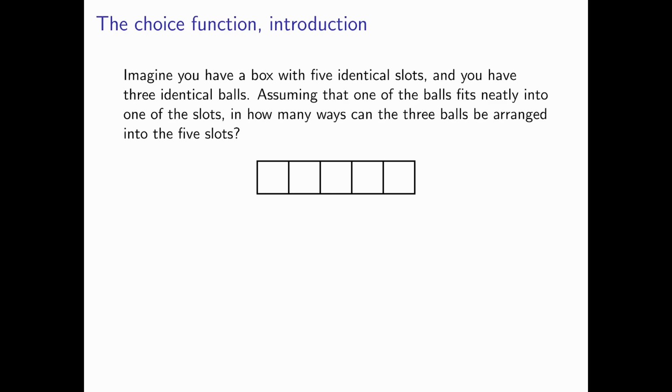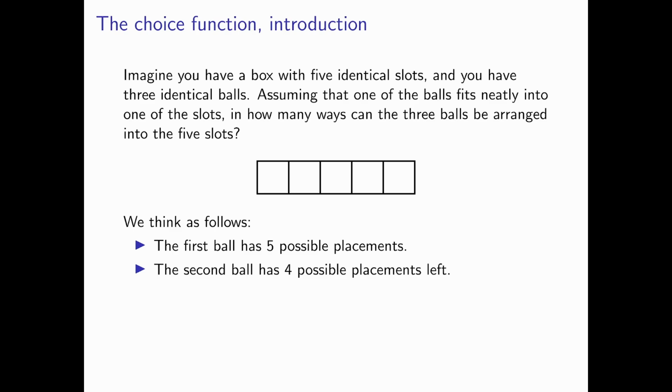So in order to solve this problem, we usually think in the following way. First off, we have 5 possible placements for the first ball. So for instance, I can place the first ball here, or here, or here, or here, or here. Any of the 5 slots is available. And then, once the first ball has been placed, the next ball only has these 4 available slots left.